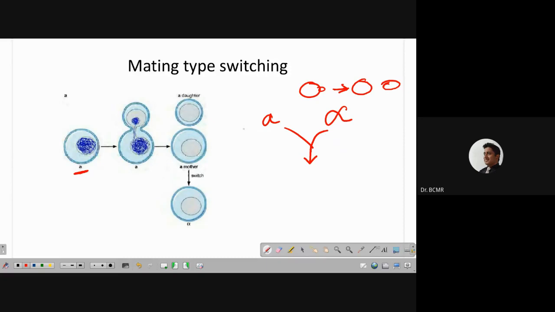It does not happen between A and A. For our ease, we could call this male, but I don't think we should call it male or female. We will leave it. This is sex type A, and alpha is the second sex type. And recombination always happens between A and alpha.